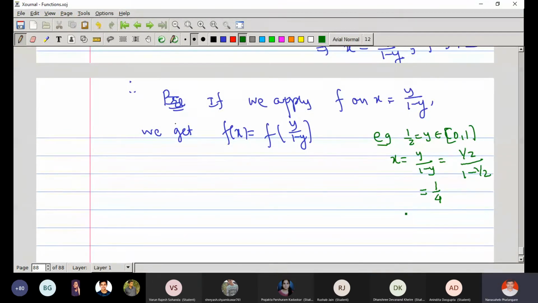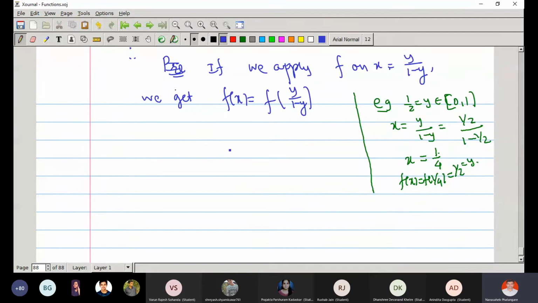You check this. So what do we expect here? If we have produced the pre-image of y, which is x, and if we apply f on x, what should we get?